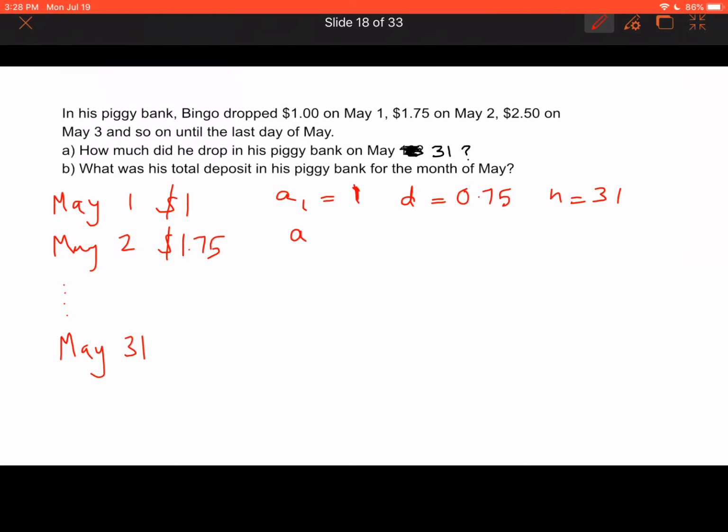So the value of the nth term, that is A31, is A1 plus N minus 1 times D, right, which will give you the answer $23.5.